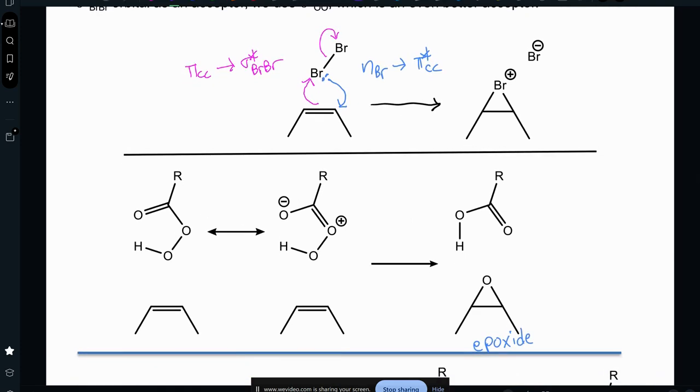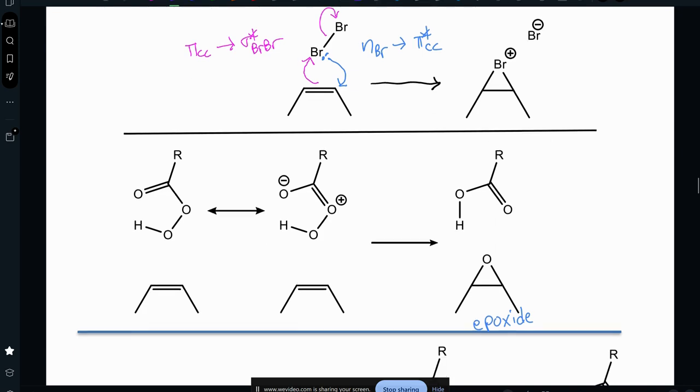So when I take this peroxy acid functional group, the mechanism is going to be easier to understand if we first draw an alternate resonance structure. So this first step that I drew here is just resonance. So it's not actually anything happening. I just think the mechanism is easier to understand when we draw it from this alternate resonance structure.